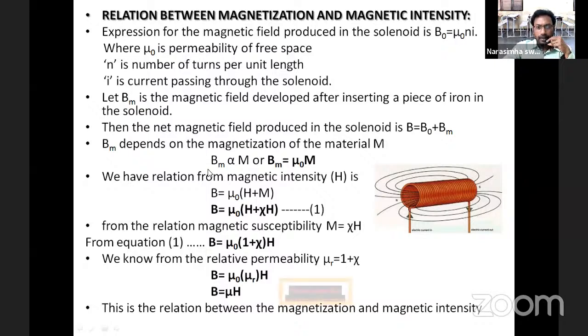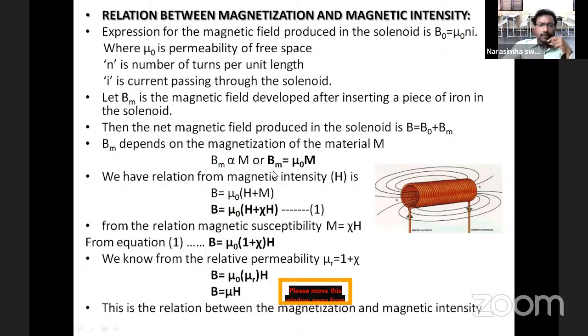Bm is proportional to capital M, where capital M is the magnetization and Bm is the magnetic field due to the material. To avoid this proportionality, we are keeping one constant here, mu naught.